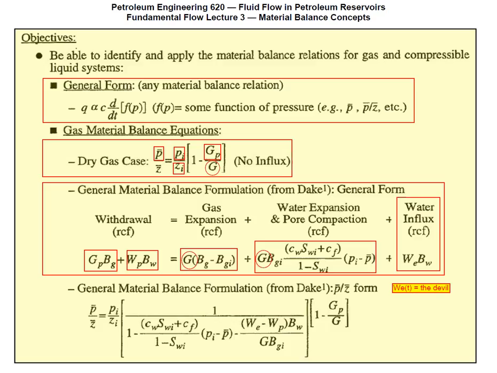There is a way of getting around the water and pore volume expansion compaction. I'll talk about that a little bit. But the WE, that one's not going to come along peacefully. That one's really tough. There is no way to measure WE.